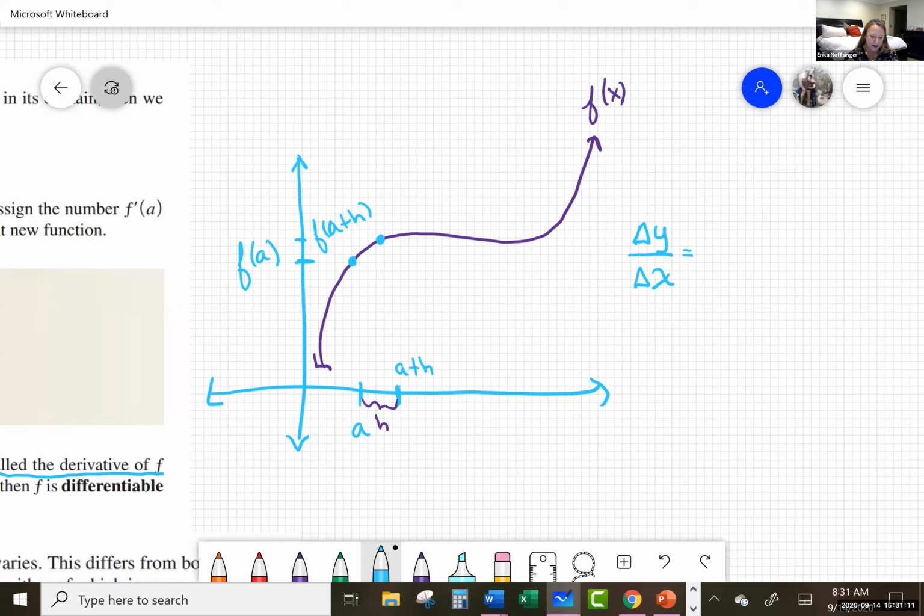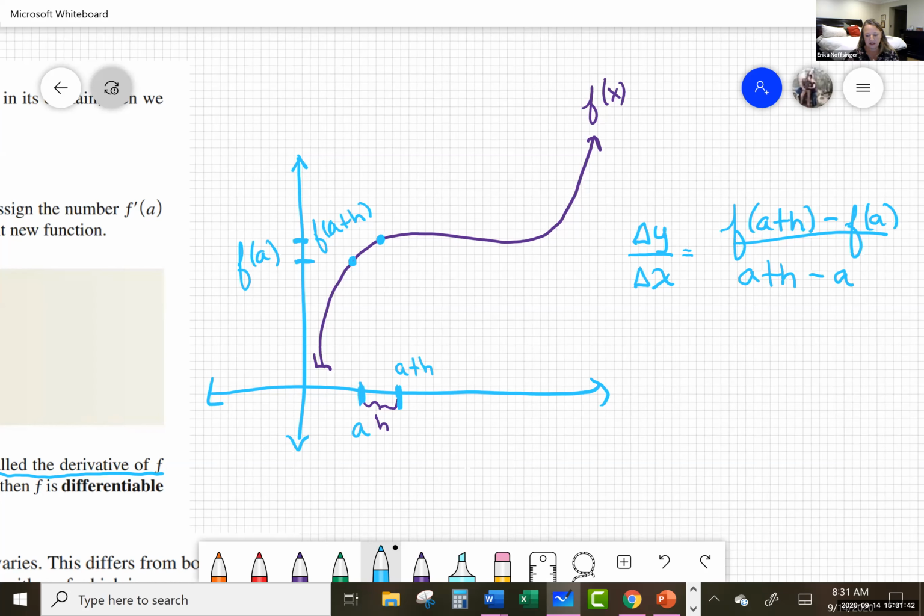So our y value, right, this is f of a plus h minus the other y value, which is f of a, all over, so the x value that we started with would be a plus h minus this x value here, which is a.